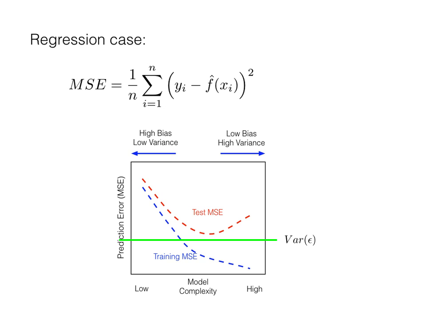So let's look at the regression case in a bit more detail. One measure that's often used is MSE, the mean squared error. So we have n data points in our set that we're looking at. y_i is the actual output for the ith data point in our set. f hat of x_i, where x_i is the inputs for our ith data point, is what our algorithm produces.